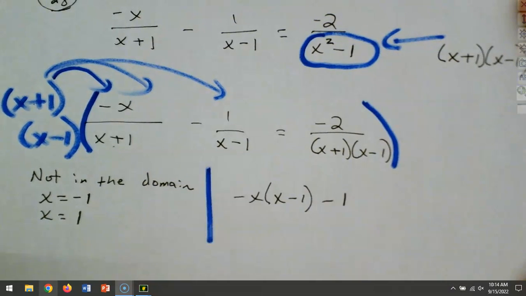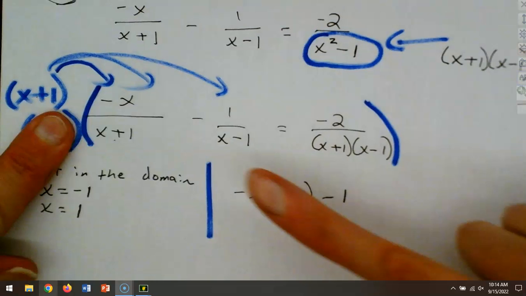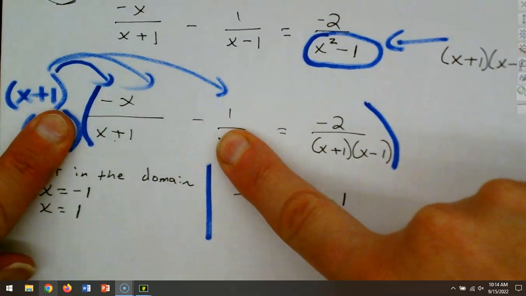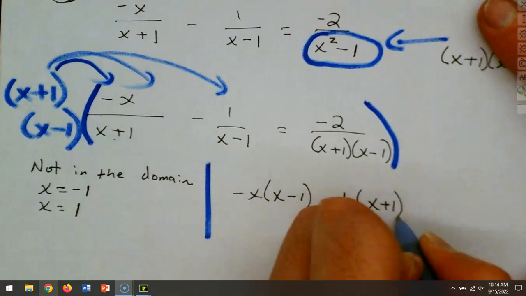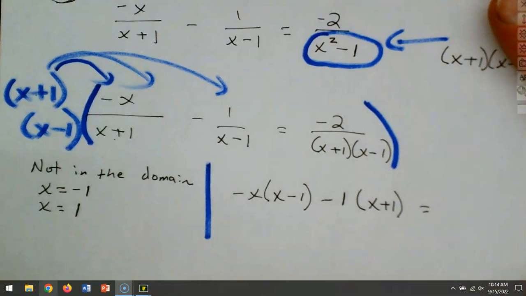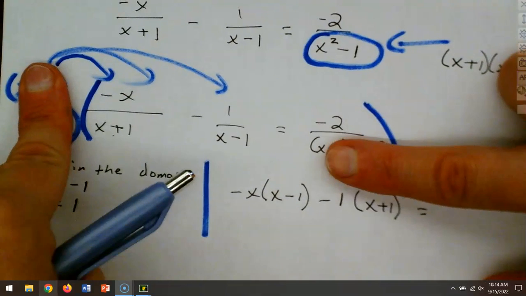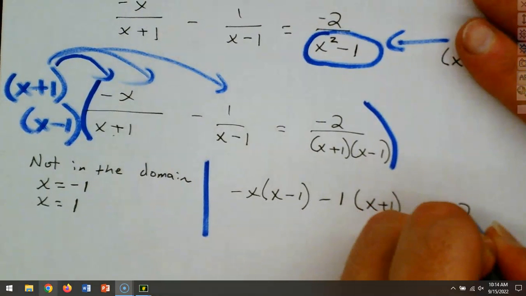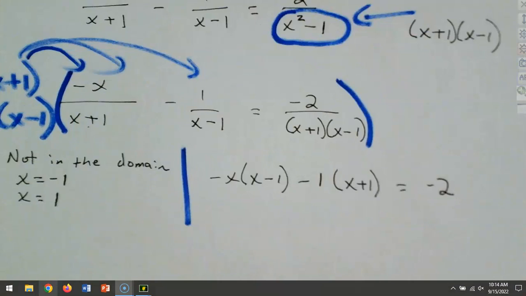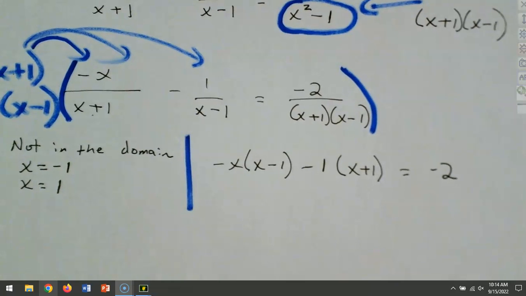And we have a minus 1, and the x minus 1s cancel. Right? So that leaves you now with a minus 1 times x plus 1. And what about on the right-hand side? Those completely cancel, don't they? So what's left over? Negative 2. Now we've got our equation. Now we can solve it.